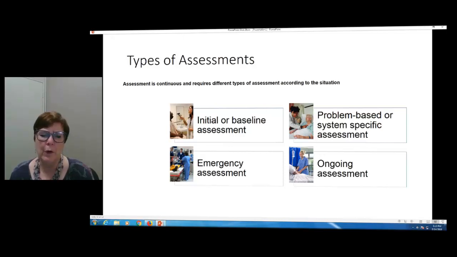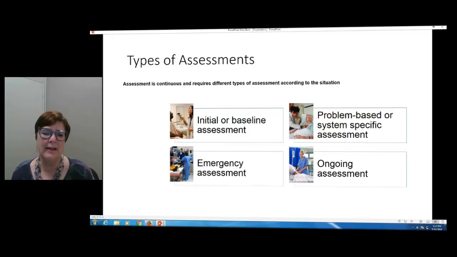The first time you go to a doctor's office, do you remember the long, long forms that you fill out? That's usually a longer visit. That is getting baseline information. And I forgot to mention when we were talking about interviewing to collect your data, when we get medical histories, we are interviewing.